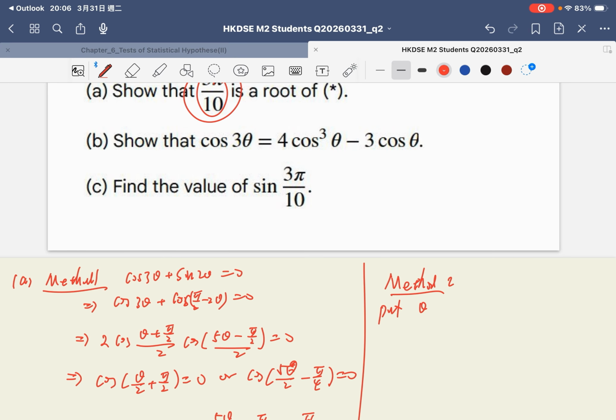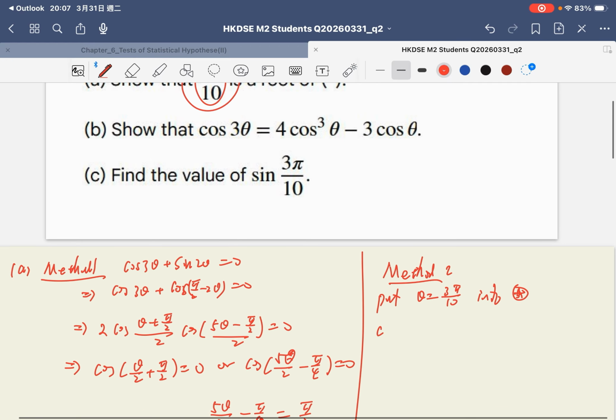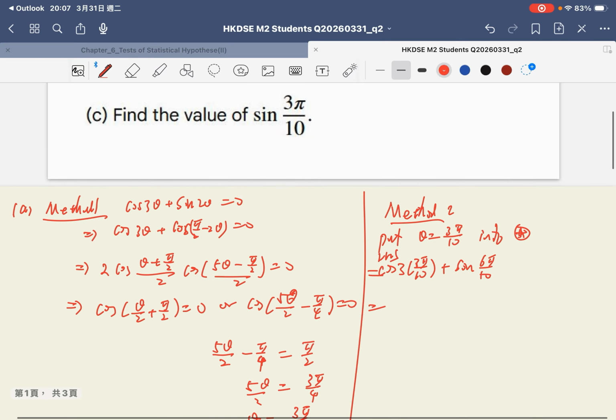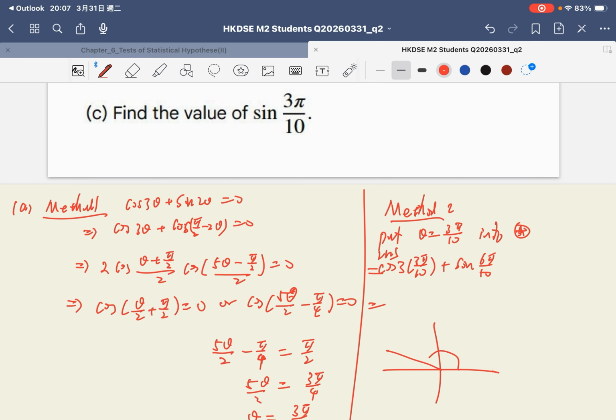Put θ equal to 3π over 10 into the star equation. Then on the left-hand side we have cosine of 3 times 3π over 10, which is cosine 9π over 10, plus sine 6π over 10. The reference angle of 9π over 10 is π over 10.